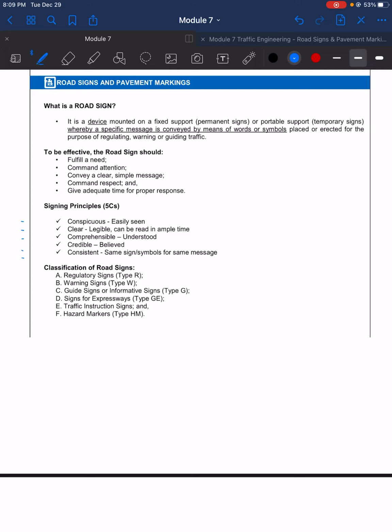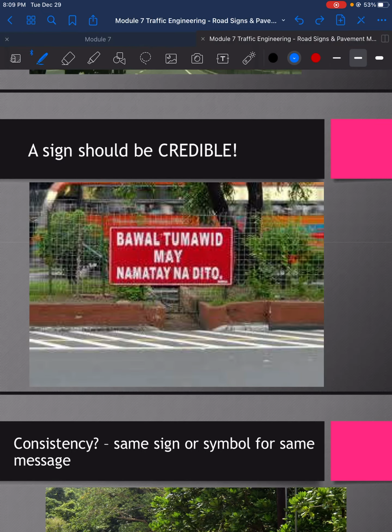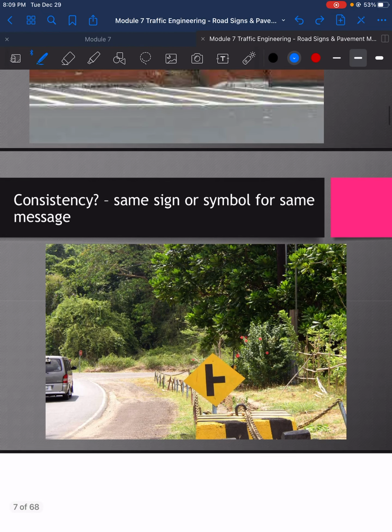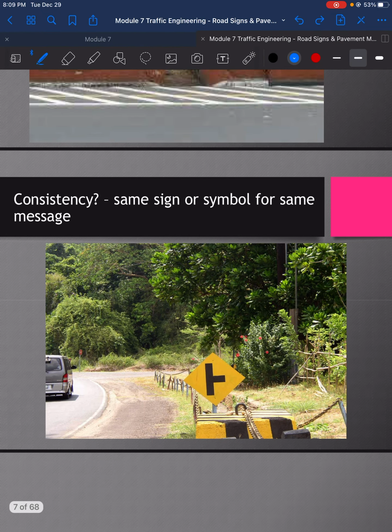Next, number 5, consistent. Same sign or symbols for the same message. So, we need consistency for our road signs. So, how about this one? Well, this is a road sign. But the question is this the standard shape kung saan mo ilalagay yung symbol na to?